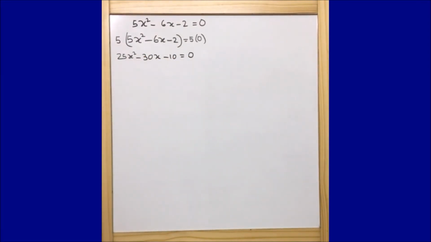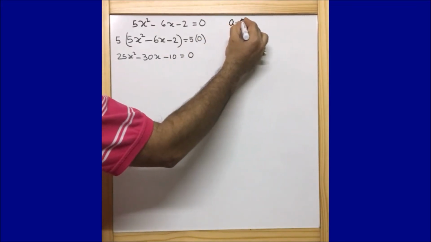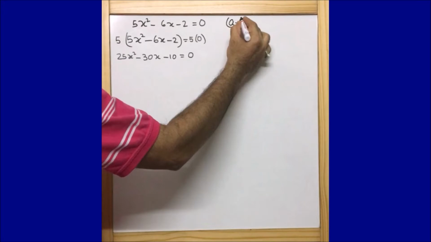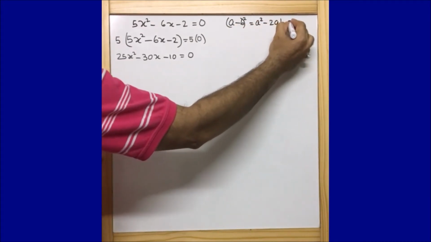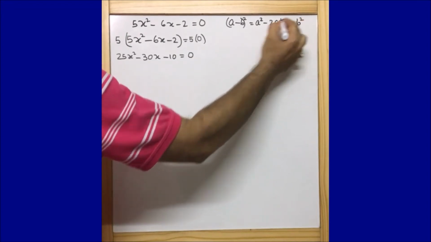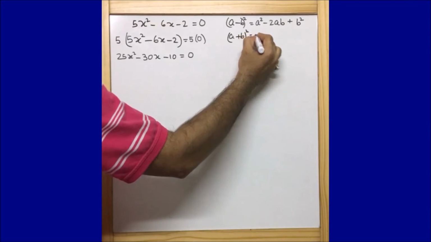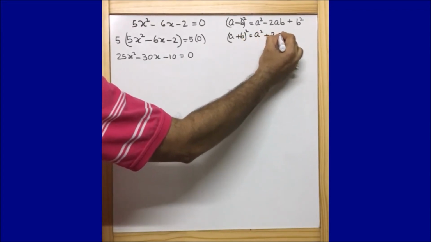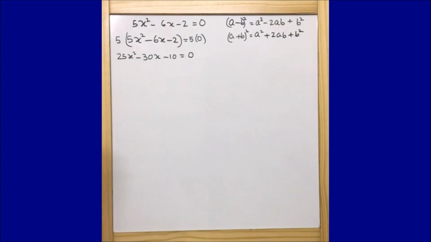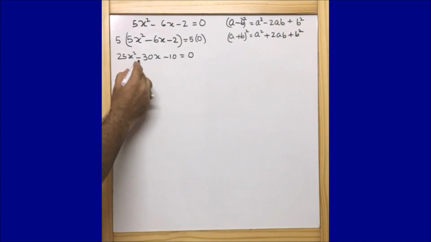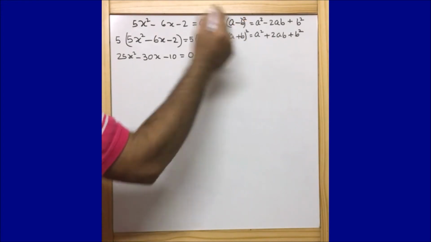Now the method of completing the square is nothing but applying the formulas: (a - b)^2 = a^2 - 2ab + b^2, or (a + b)^2 = a^2 + 2ab + b^2. You can see that we have a minus here, so we are going to use the formula (a - b)^2.